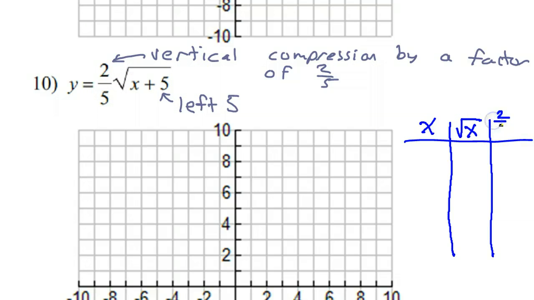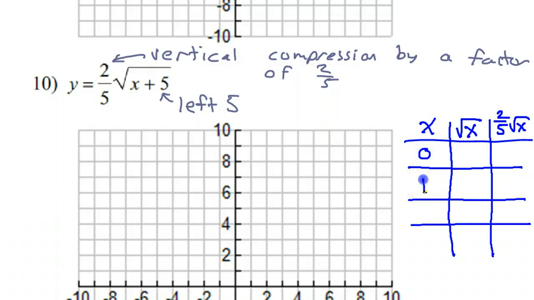So in this case we will do 2/5 of the parent function. I like to use the values of 0, 1, 4, and 9 because they're easy to do the square root. So the square root of 0 is 0, and then 1 and 2 and 3. So I'm going to do 2/5 of each of these.